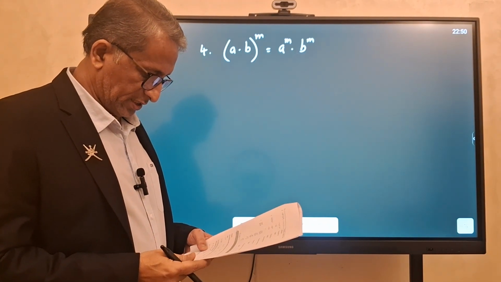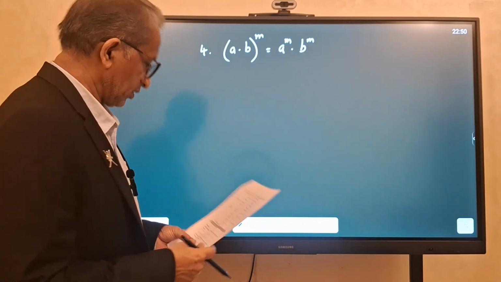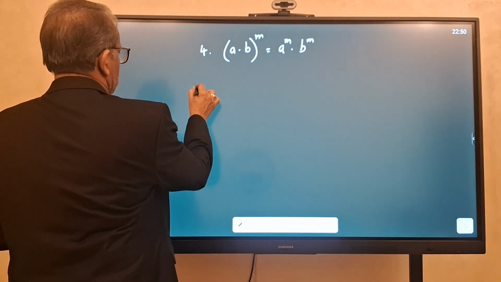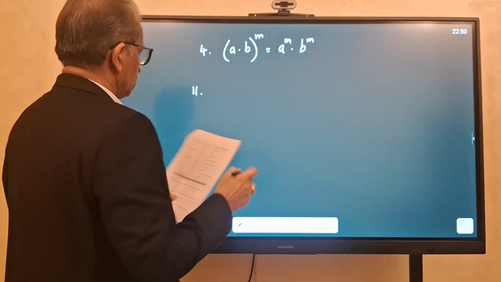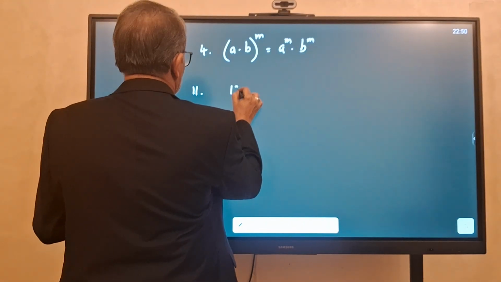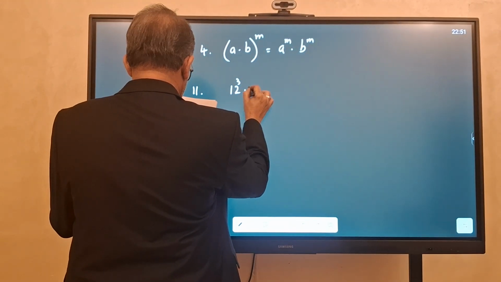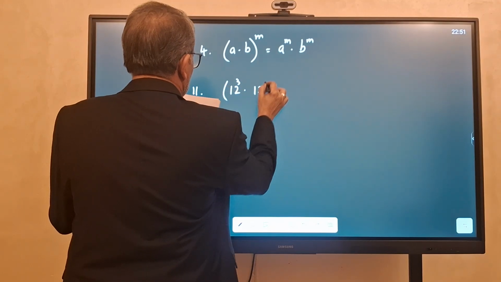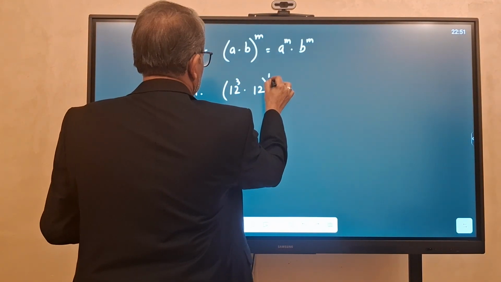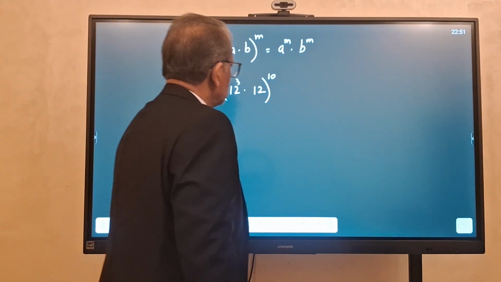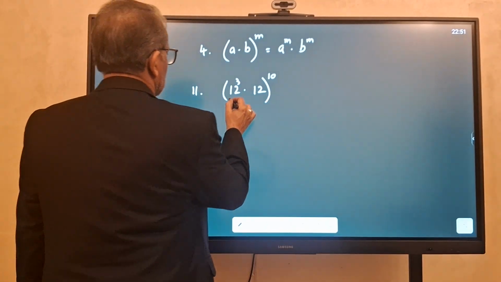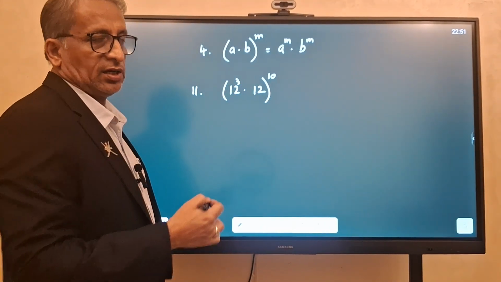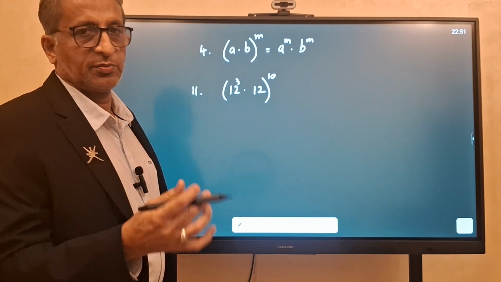So let's take an example for that. Example number 11 in section 2.1. (12 to the power 3 dot 12) whole power 10. Let's do this. First of all, whenever you are given a bracket, you have to first simplify the bracket.